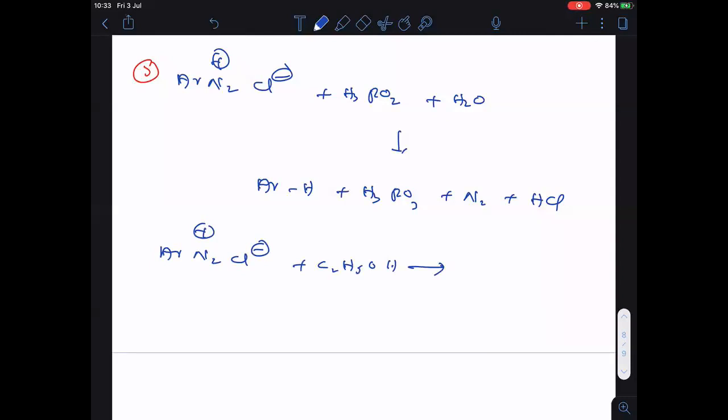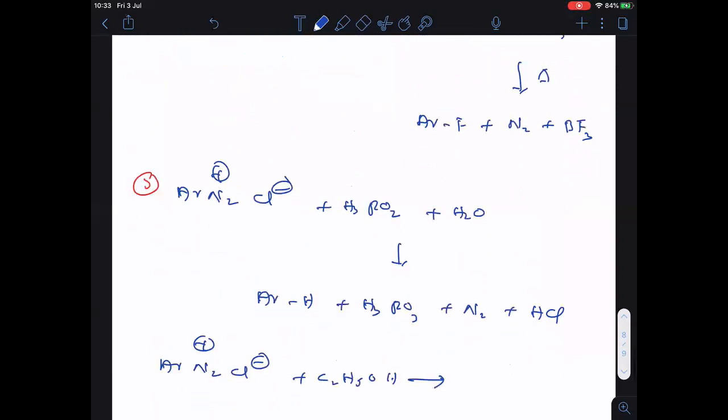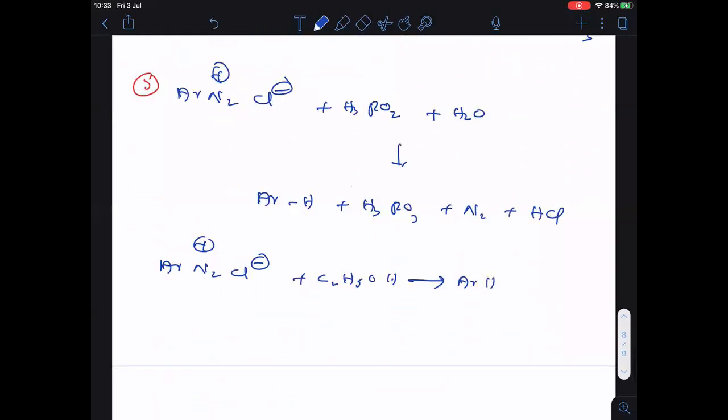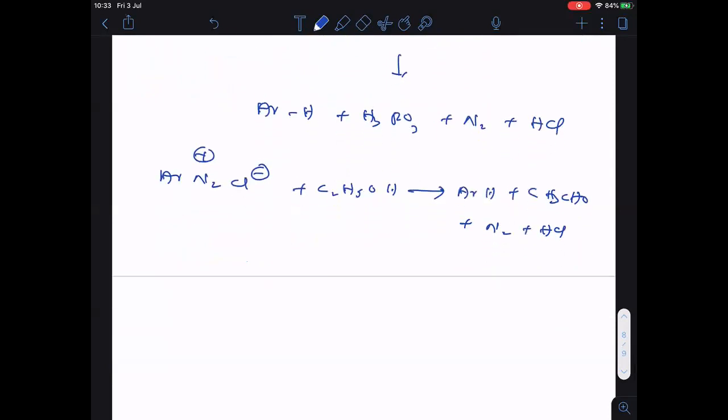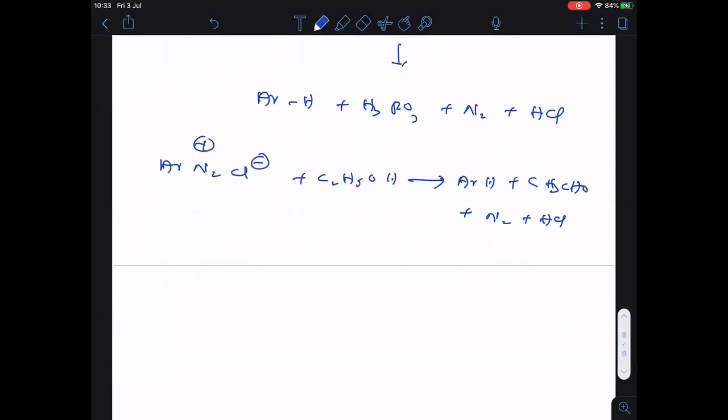Okay, then same here also, we will get benzene plus acetaldehyde CH3CHO plus N2 plus HCl. Completed.